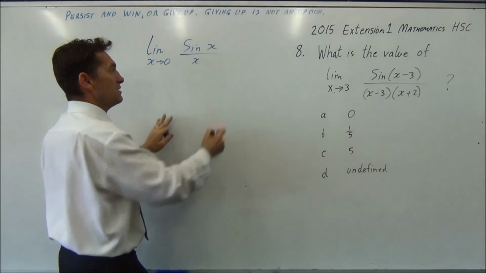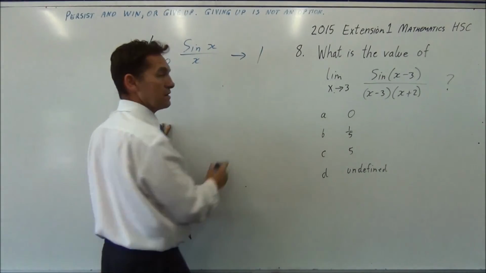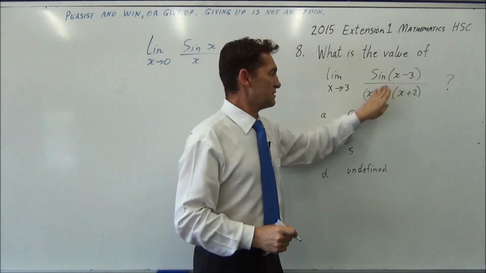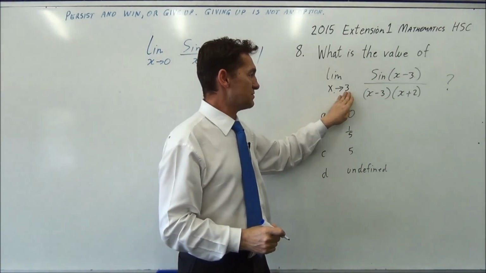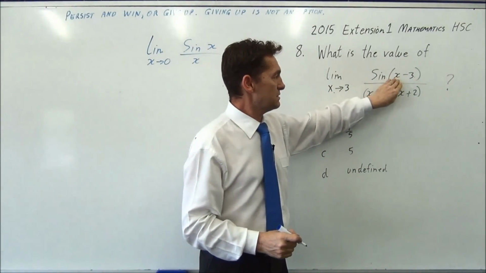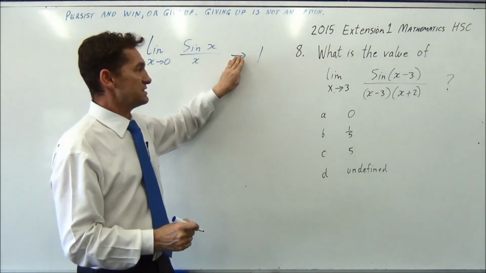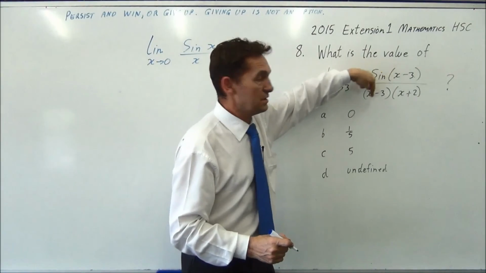Alright, so that goes to 1. And you've got the same thing here, you just need to recognise it. Because as x goes to 3, this goes to 0 and this goes to 0. So x is going towards 0. So that section of it there is actually 1.